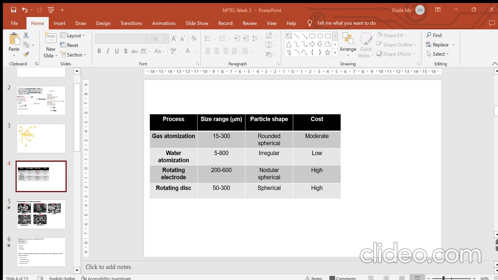Are those reactive powders, unreactive powders, or noble powders? All of these factors decide which atomization we carry out. You should remember what type of shape will be produced by each type of atomization. This is important.